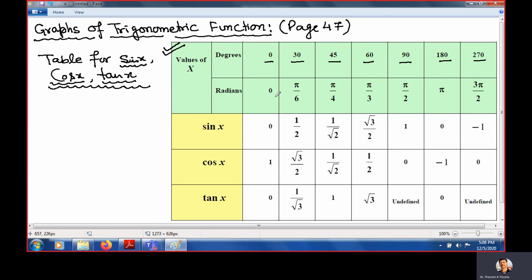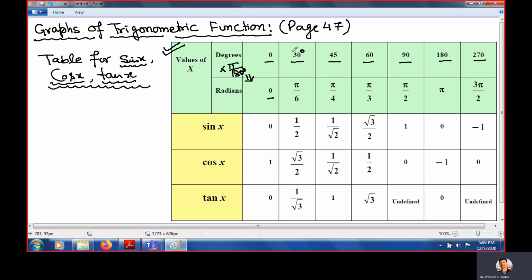Then if we want to change them to radians, you need to multiply every value by pi upon 180, and then it will be in radians: 0, pi upon 6, 45 is pi upon 4.